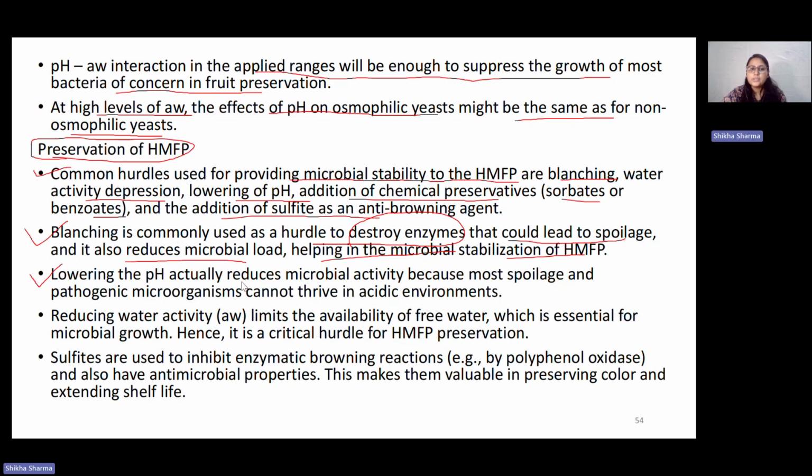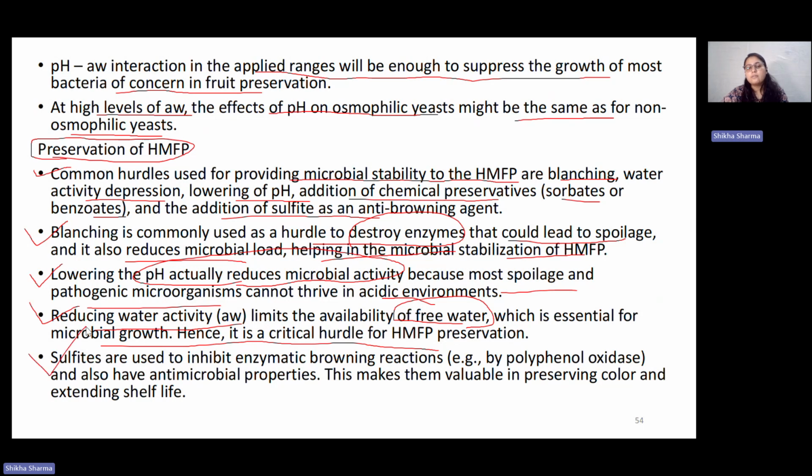Lowering the pH actually reduces the microbial activity, because most spoilage and pathogenic microorganisms cannot thrive in acidic environments. Reducing water activity limits the availability of free water, which is essential for microbial growth, so it is a critical hurdle for high moisture food products preservation.